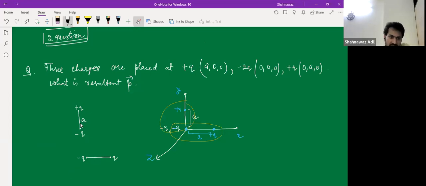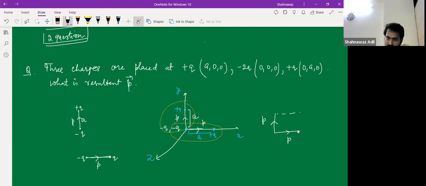What is the direction of this dipole, Chavez? Yes, negative to positive, so upwards. And the direction of this other dipole, negative to positive, yeah. So you have two dipoles, this one and this one.